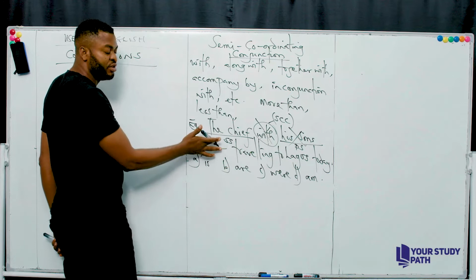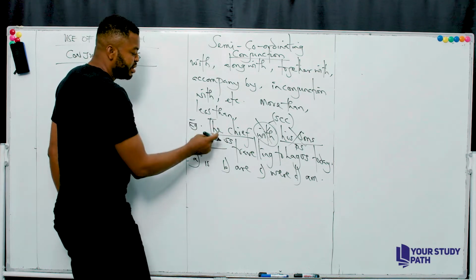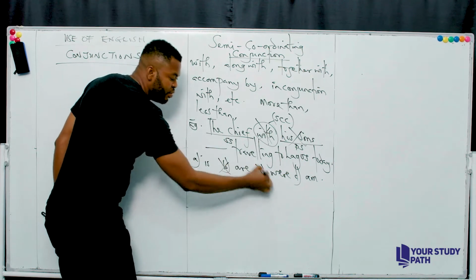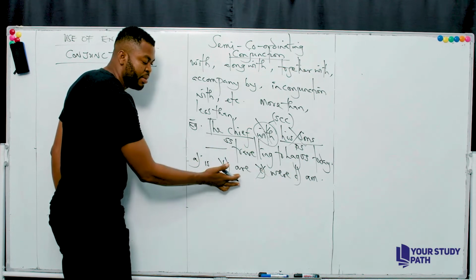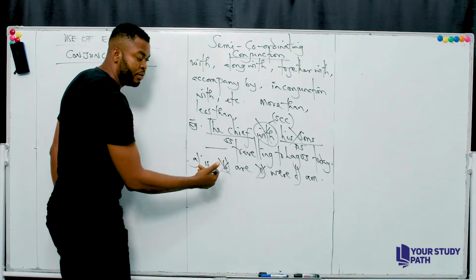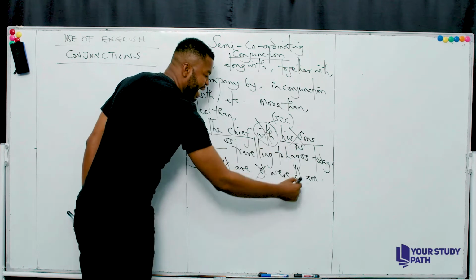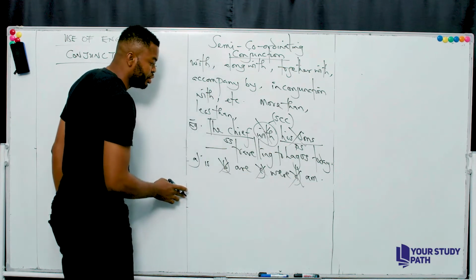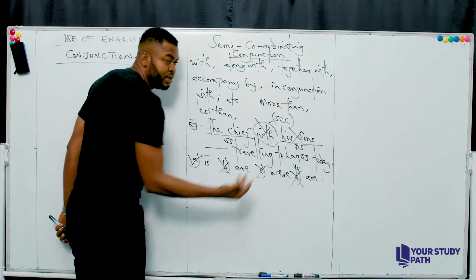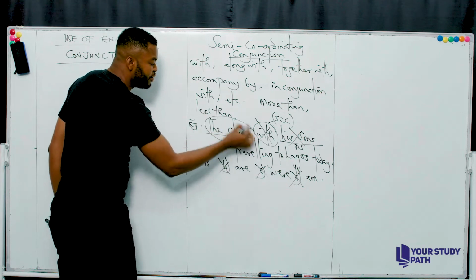Why? Because the attention is on the first subject. So you can say that the chief, okay, you remove the plural verb. This is plural present, this is plural past. So the chief, okay, is traveling to Lagos today. So am cannot fit into that construction. So the chief is traveling to Lagos today. Why? Because your attention is on what? On the first subject.